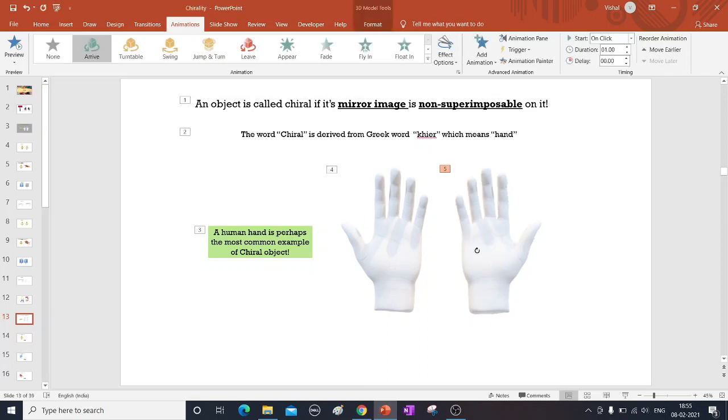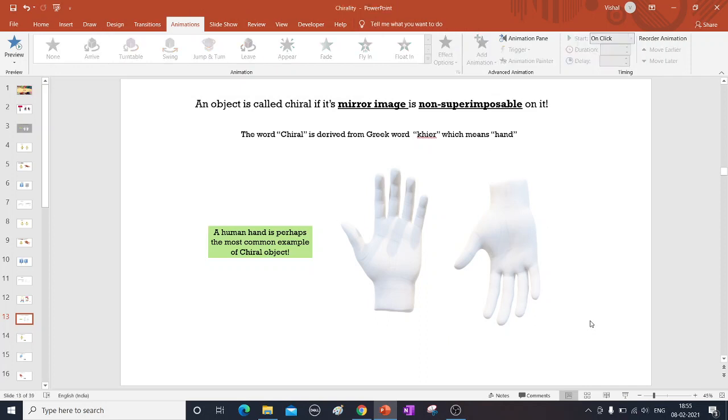But now if you want to bring the thumb on the left side, then you can't superimpose these two hands. And even if you flip it around, of course you can't superimpose these two hands. So our hands are chiral, and that's where the word chiral comes from.